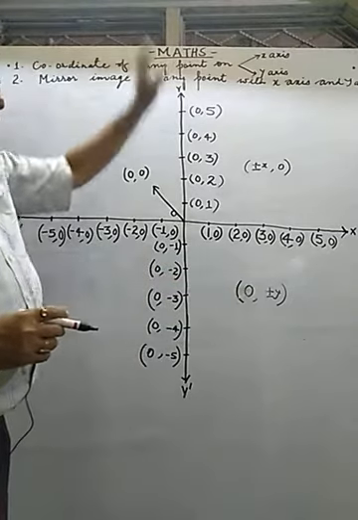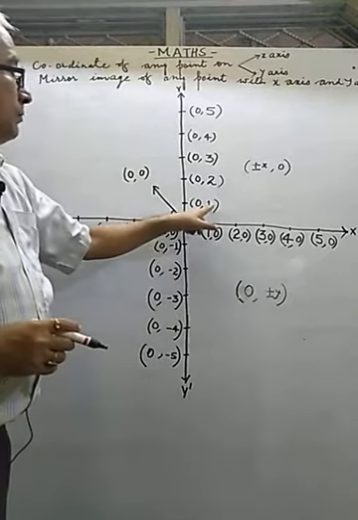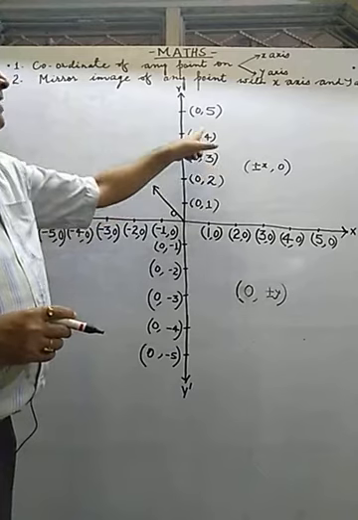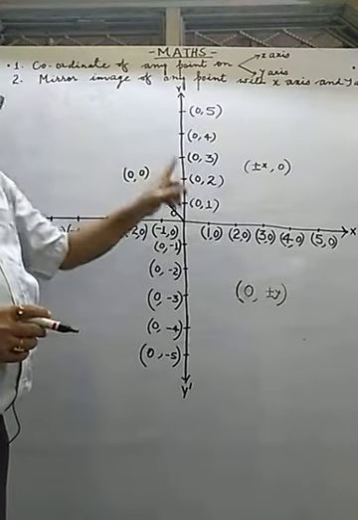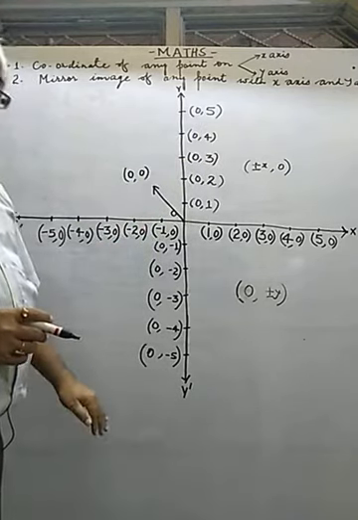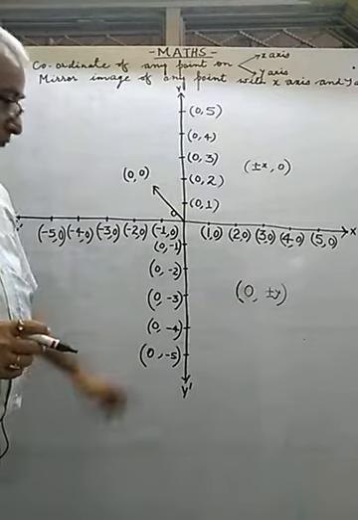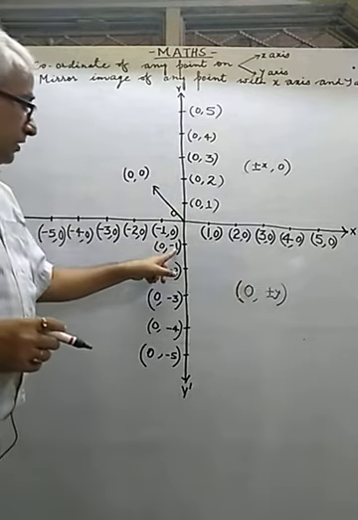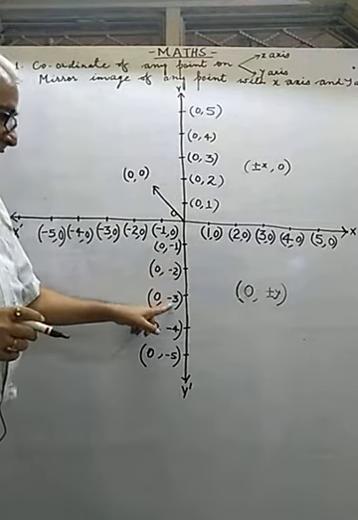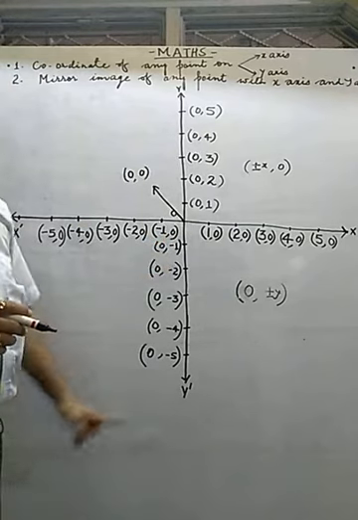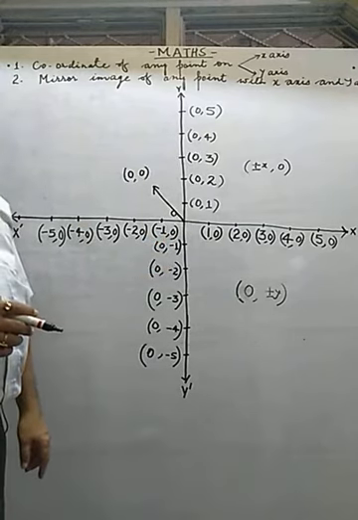If the upper value is there, so positive y: positive 1, 2, 3, 4, 5. If below the x-axis is taken, so that will be minus 1, minus 2, minus 3, minus 4, minus 5. Sometimes it is coming positive y, here it is coming negative according to the sign convention.